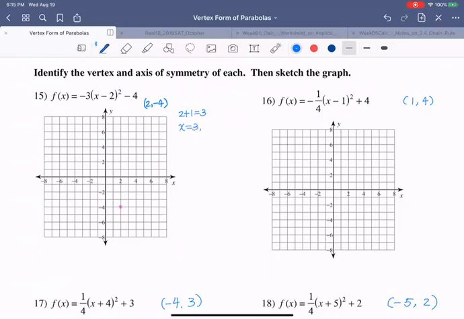So Valeria, when x equals 3, y equals how much? Plug this 3 in here. You can calculate on your paper.